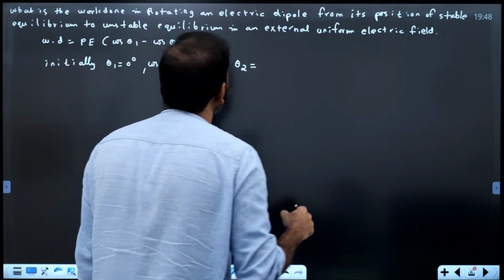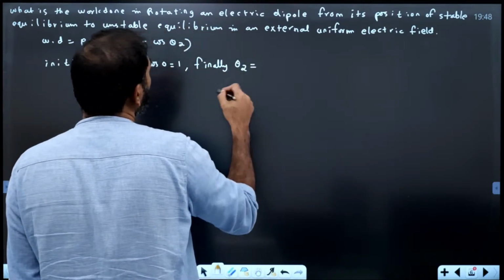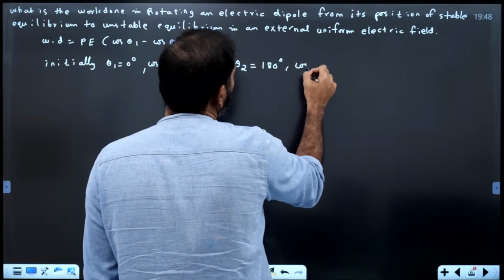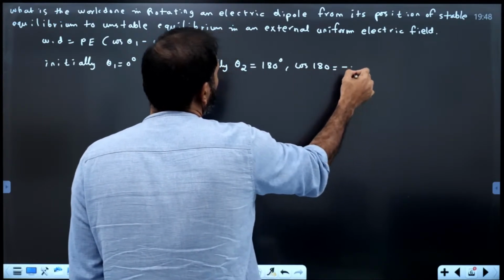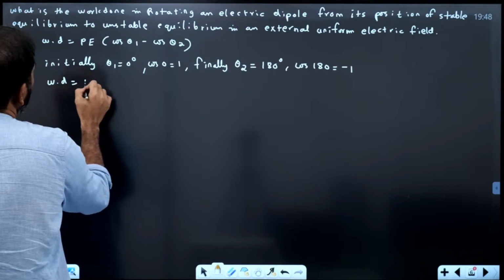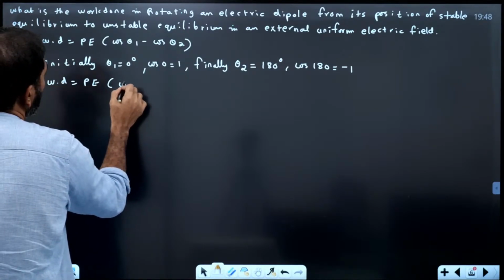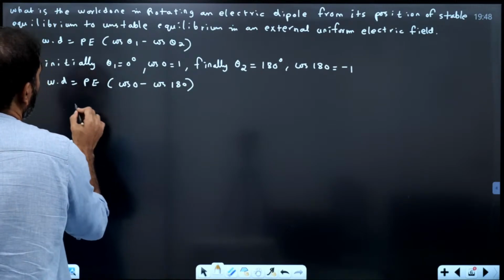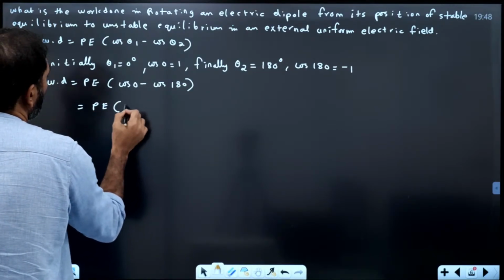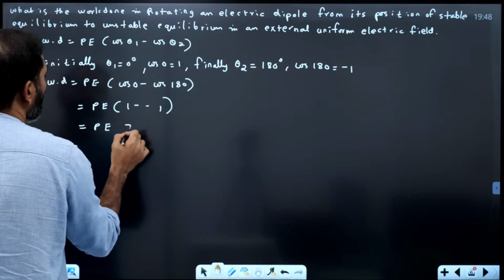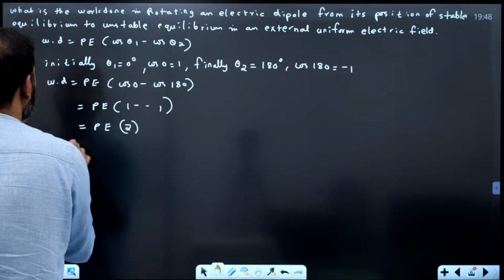Stable to unstable. Unstable means what? Anti-parallel. So theta 2 is equal to 180 degree, cos 180 is what? Minus 1. So work done is equal to PE into cos 0 minus cos 180. That is PE into 1 minus minus 1. So PE into 2. So what is the answer? Work done is equal to what?